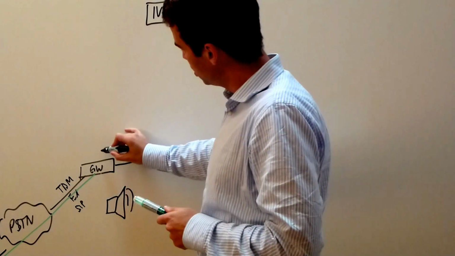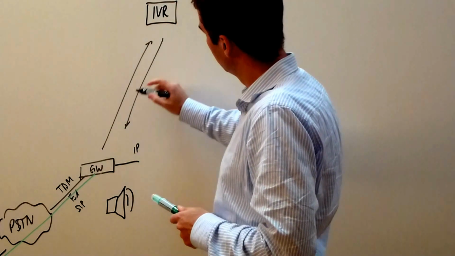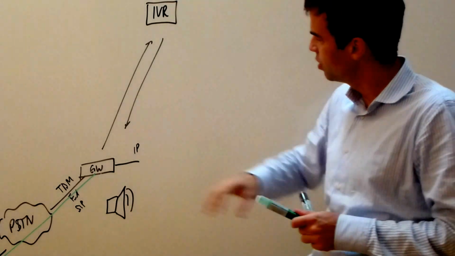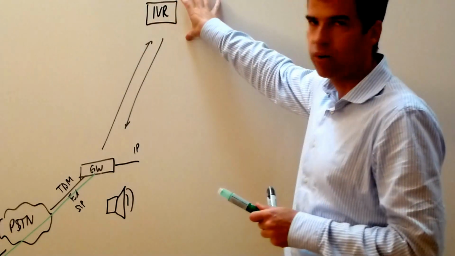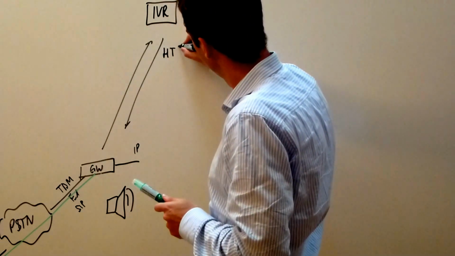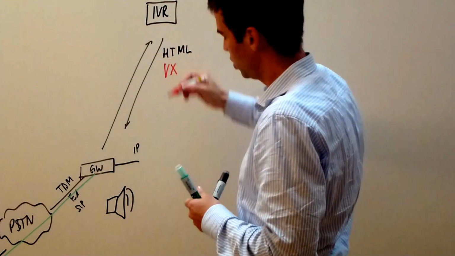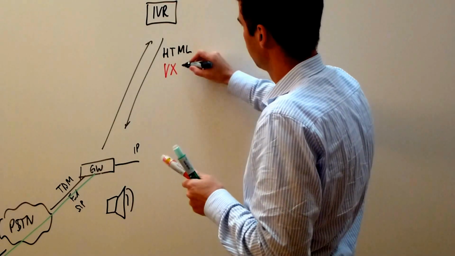So this means that the voice gateway communicates with the IVR in a very similar way as a web browser interacts with a web server. Instead of speaking HTML with each other, they speak VXML, voice extended markup language.